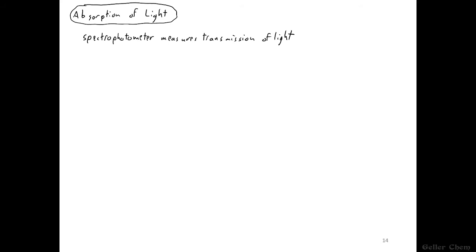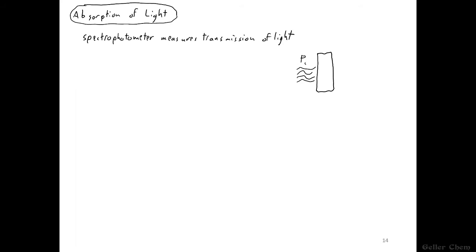So to take a piece from that schematic on the previous slide, let's just draw a cuvette that contains some chemical of interest, and let's say we shine some intensity of light into the sample, which we will represent with P for power, which we'll recall from electrochemistry relates to energy, and we've already discussed that light has an energy.